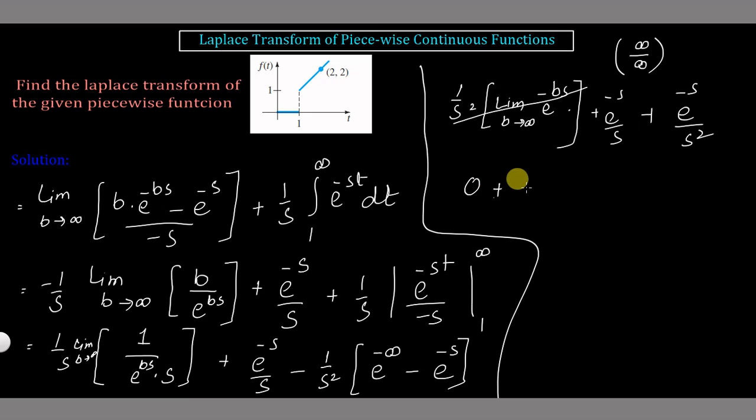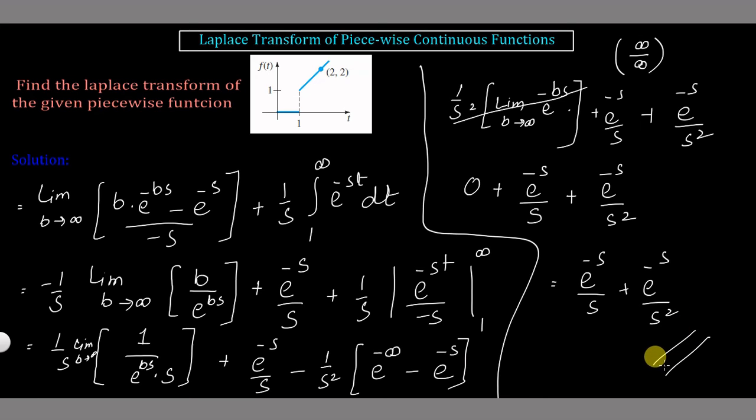So ultimately at the end, what we have left is e raised to the power minus s over s plus e raised to the power minus s over s square, and finally the Laplace transform of this piecewise function will be e raised to the power minus s over s plus e raised to the power minus s over s square. So this is our final answer for this particular piecewise function.